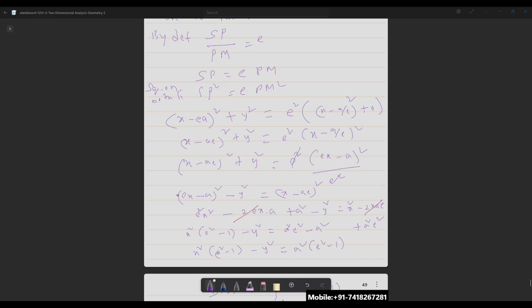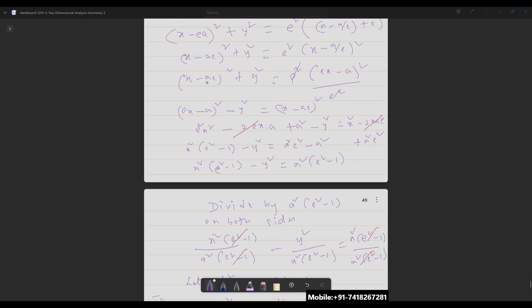You will get this equation. Okay, so what we are doing here, we keep this and bring this y square to that side, so the left hand side I'm writing on the right hand side, and this part as such, that is (ex minus a) whole square minus this part, then y square remains here, and on the other side (x minus ae) whole square.